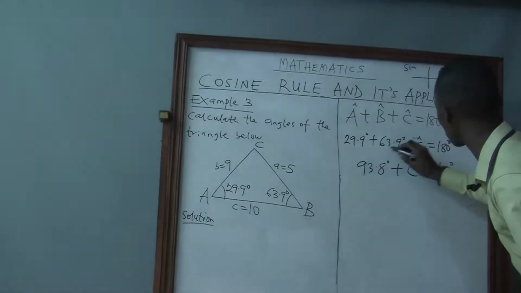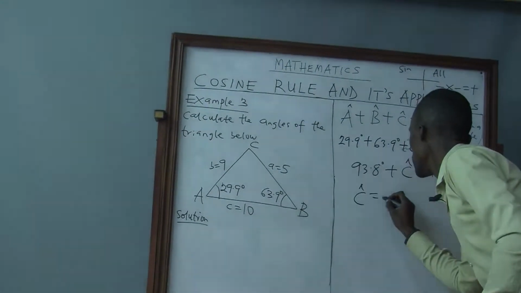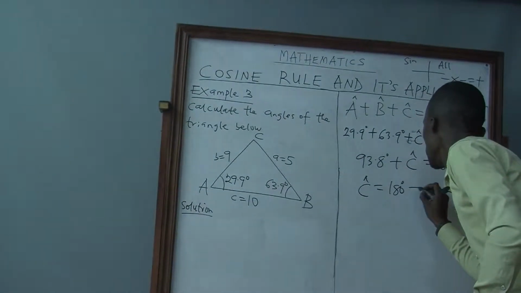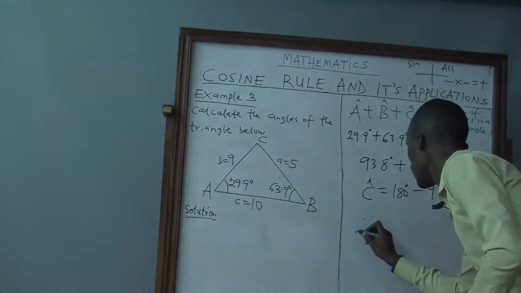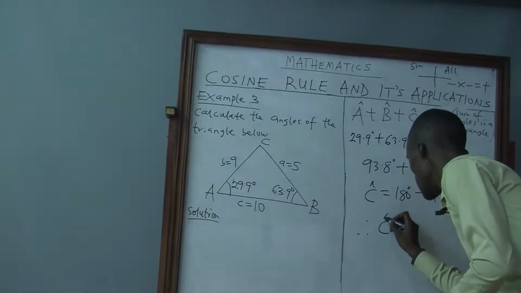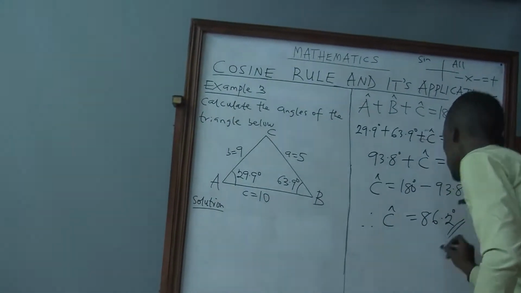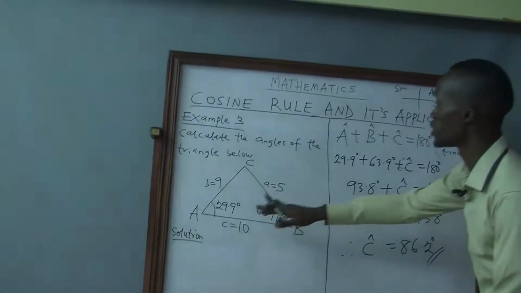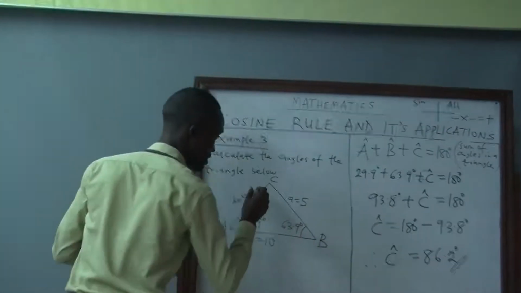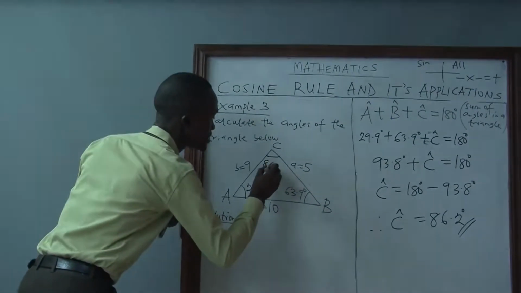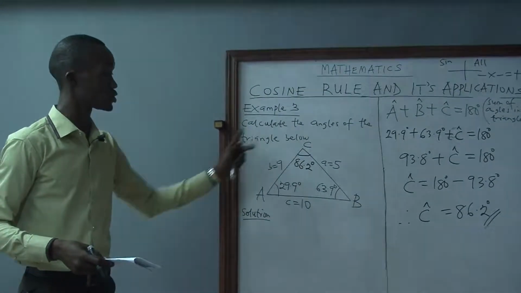And if you move this 93.8 degrees to the other side, we have C to be 180 degrees minus 93.8 degrees. And therefore from there, we have C to be 86.2 degrees. And with that, we know what A is, we know what B is, and finally we have the value of C to be 86.2 degrees, and we have completely solved the triangle.